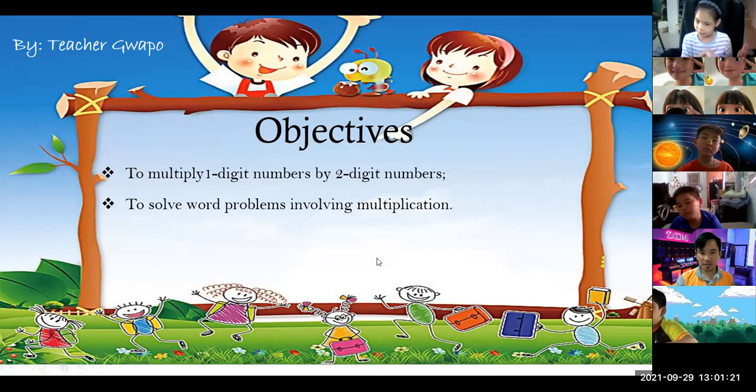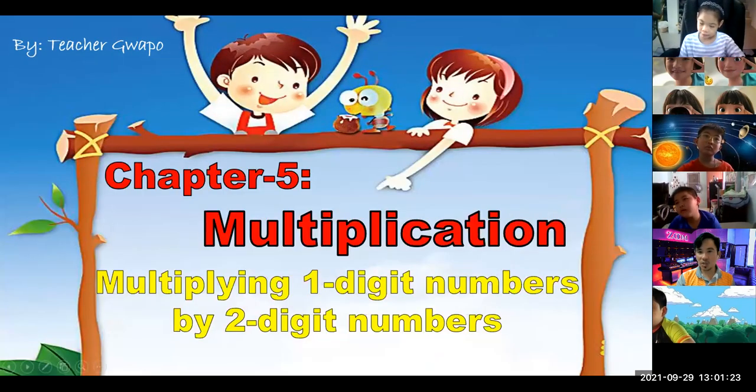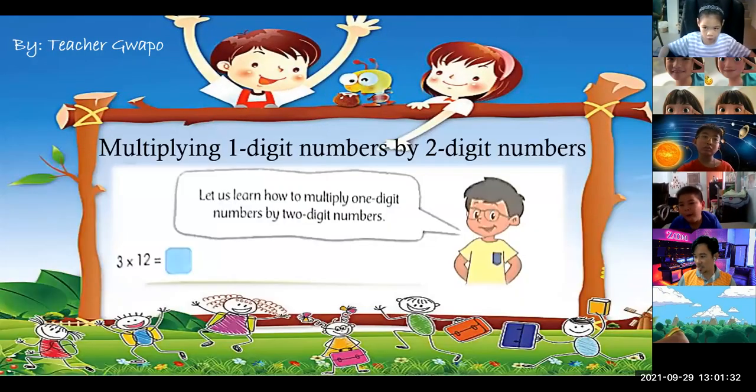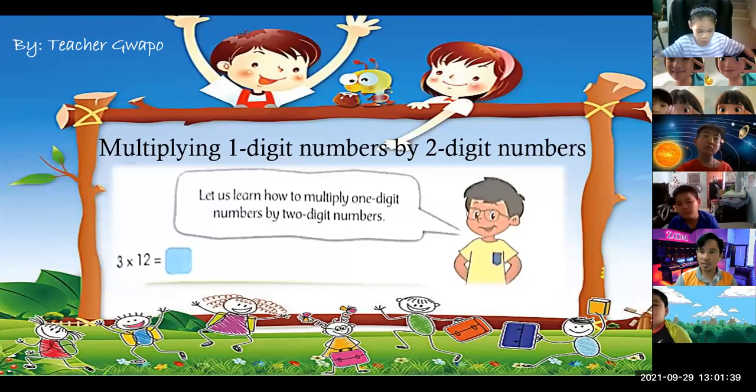So two things, okay? First, we will start with multiplying one-digit numbers by two-digit numbers. You can see that in your book on page 83. But before that, let us have a short review in multiplication.